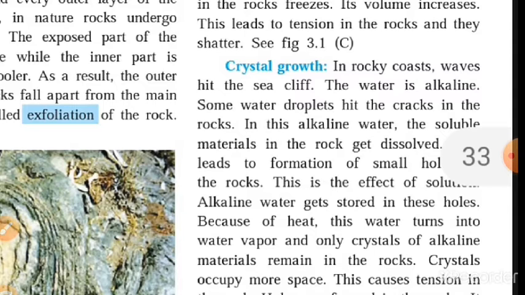Generally, water is alkaline in its form. This water gets accumulated in the rocks, and water is the universal solvent in which different materials of the rock get dissolved.